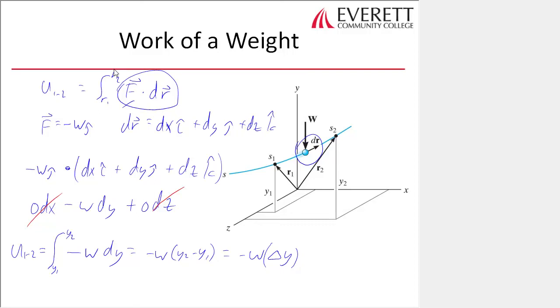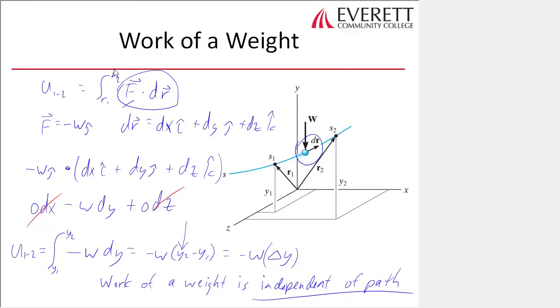Okay, this is a very important derivation that I think you guys already knew. And it tells us the work of a weight is independent of path. How do I know it tells me that? Well, because look at how I calculated it. I put in a y2 and I put in a y1. If I have a y1.5 in there, it doesn't matter where y1.5 is, because it's not in my equation.